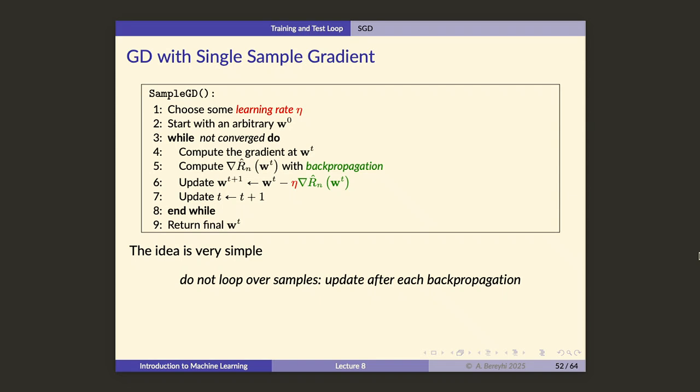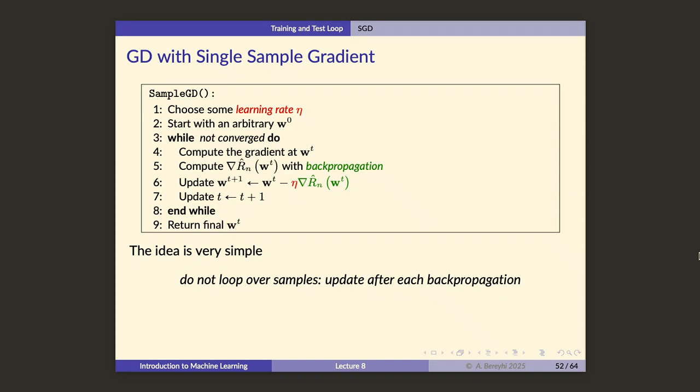Now you want to compute the gradient, but you don't compute the whole gradient of the empirical risk. You just compute the gradient of one sample loss, and once you have that, you just update, right? You update, you go for the next point. You have the new point, you have a new sample gradient, you get that sample gradient, again you update.